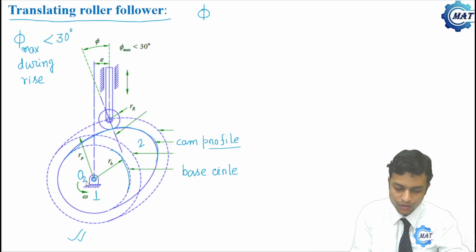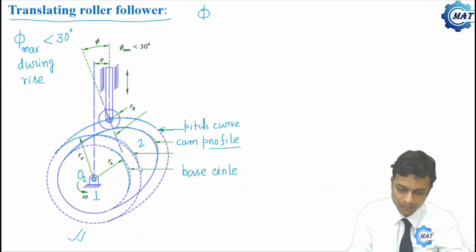So this is point O2. Now this curve is called the pitch curve. And this circle is called the prime circle.